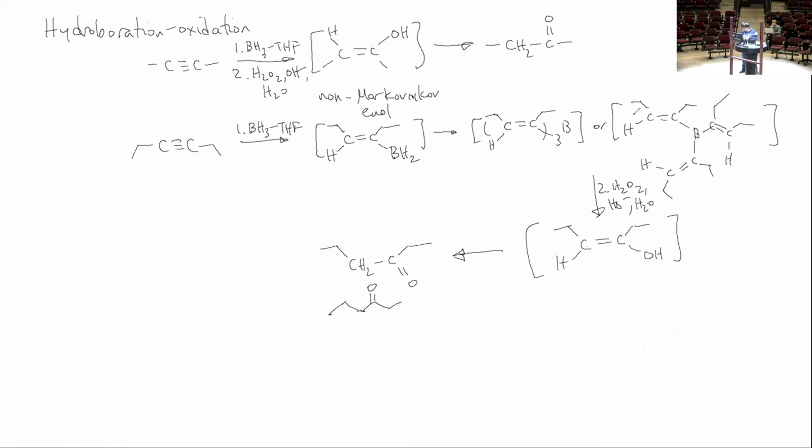And you'll know by the phrasing of the question whether you need to draw brackets or not. But you'll often see in mechanisms, people put brackets around intermediates. Good. Other questions on this?